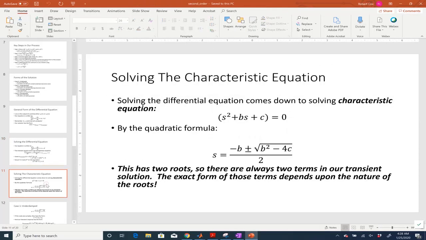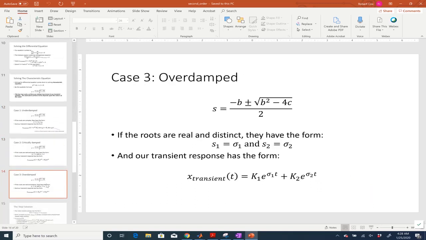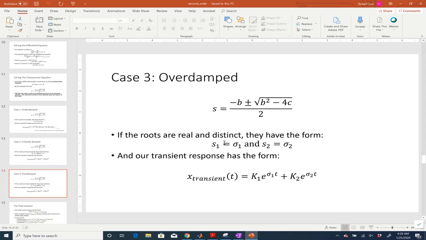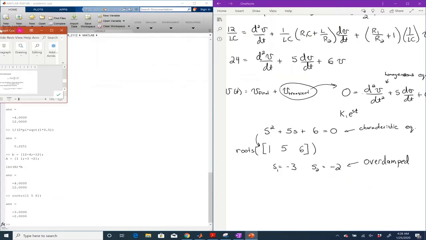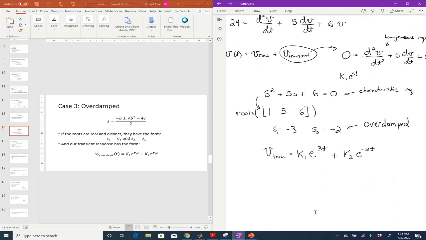I had different cases. Underdamped is where I had complex roots. Overdamped is where I have two real roots that are distinct, so this is my case. In this case, I know that V transient is equal to K1 e to the -3t plus K2 e to the -2t. So I've got two exponentials in my response.